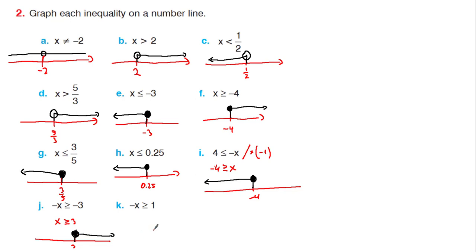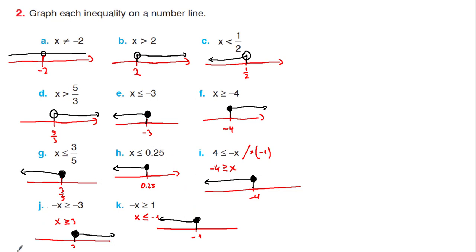And the last one under K, we multiply again both sides by negative 1, and we get x less than or equal to negative 1. And represented on a number line, it would look something like this. Also, negative 1 is included.